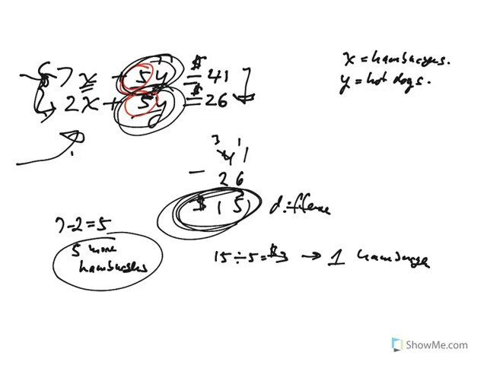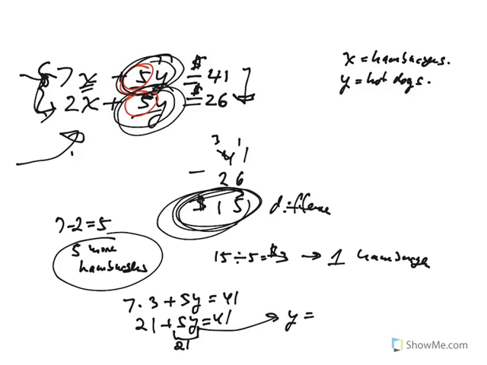Well, now that I know how much one hamburger costs, I can take either of these equations. I can say 7 times 3 is $21, plus 5 times, I don't know how much a hot dog is. Then 21 plus 5y equals 41, which means the 5y has to be the other $20, which means that y has to be 4. And that's the answer to this question.